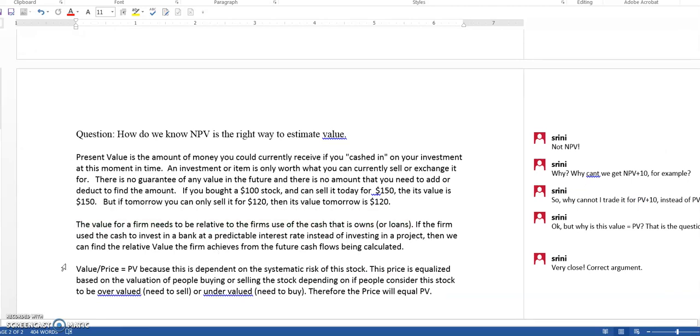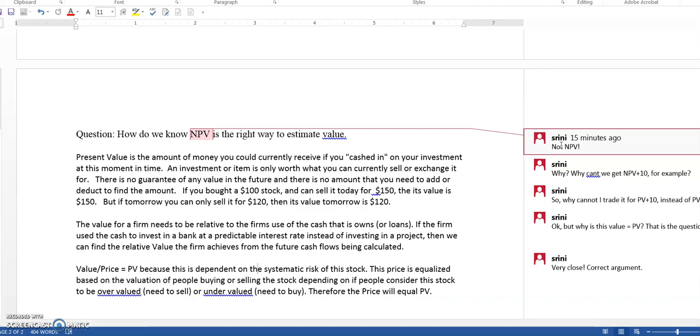Okay, how does the value of an asset or the price of an asset equal the present value? Why is that true? So the first thing you should keep in mind is it is not NPV. All right, so the value of an asset is not equal to NPV. The value of the asset is equal to PV, and NPV and PV are different.